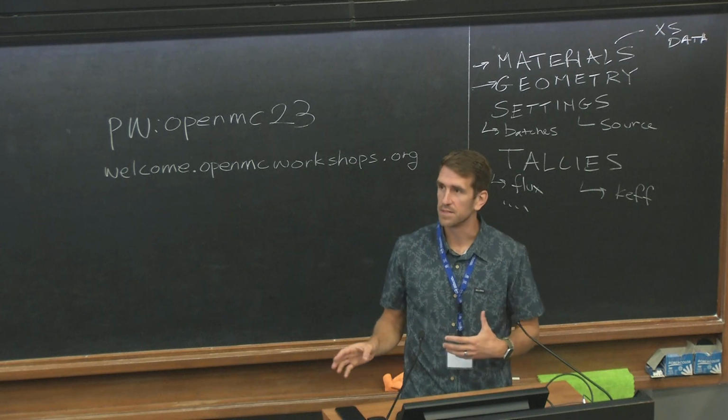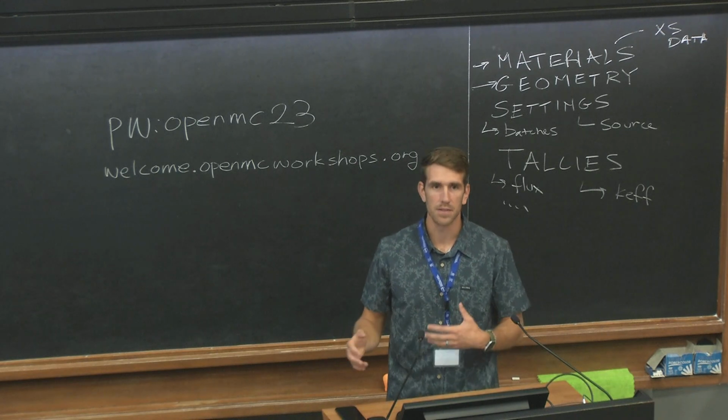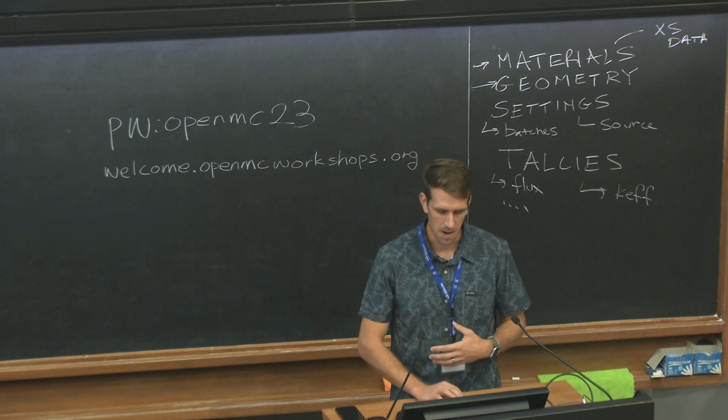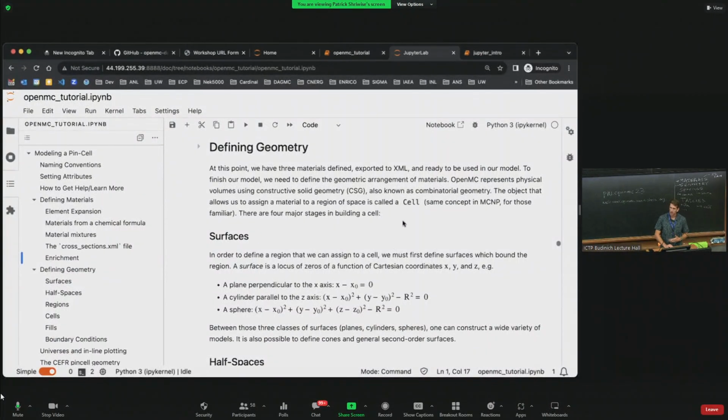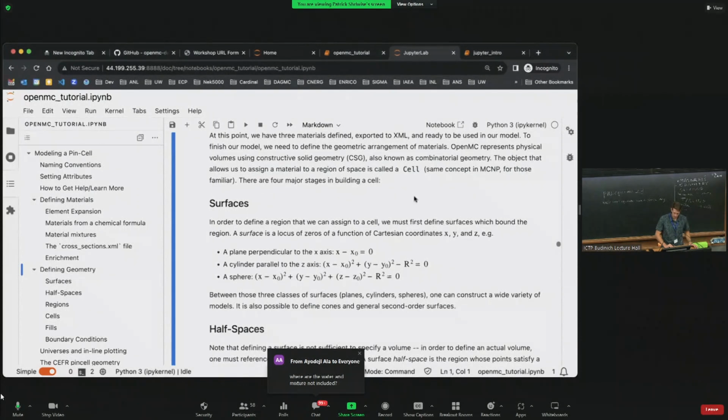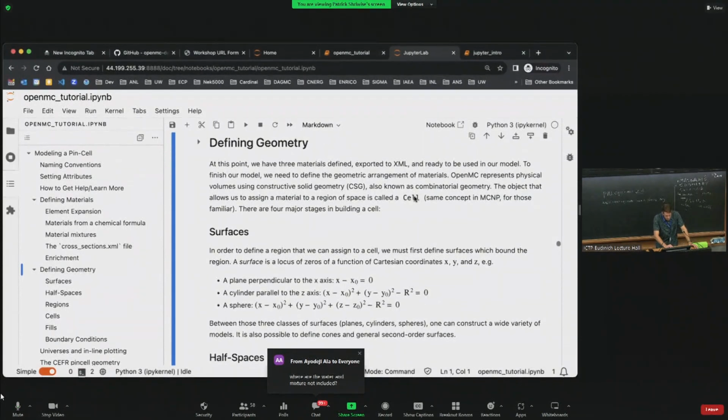There are some really fun features here. This might be my favorite part of building an OpenMC model with the Python API, because it gives you immediate feedback as you're building it in an environment like this. A little bit about the native geometry type in OpenMC: we use constructive solid geometry. That refers to a geometry type where you define surfaces.